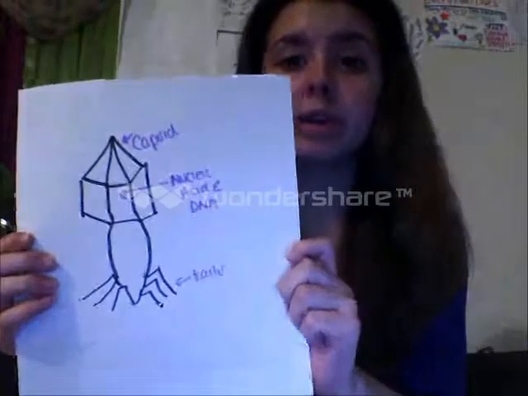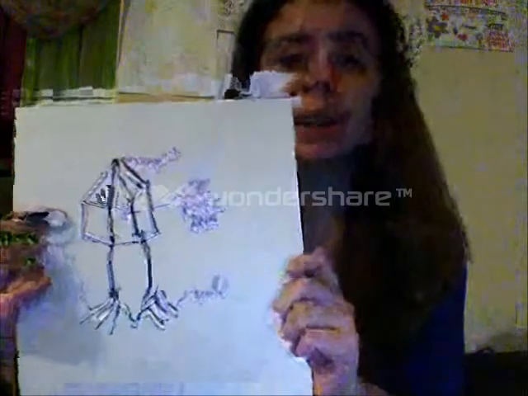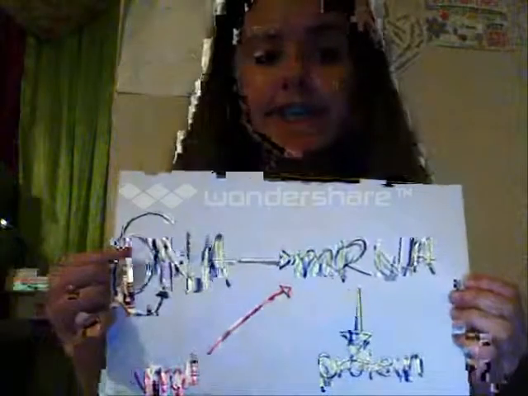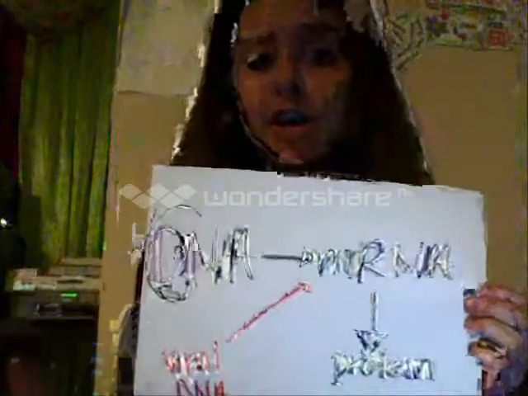Okay, so let's take a look at what a virus actually is. A virus will look like this, with a capsid, and inside the capsid it's going to include its own nucleic acid, and it'll hook onto the cell by using its tails. The genetic material that's located in a virus is called DNA, and in others it is RNA.